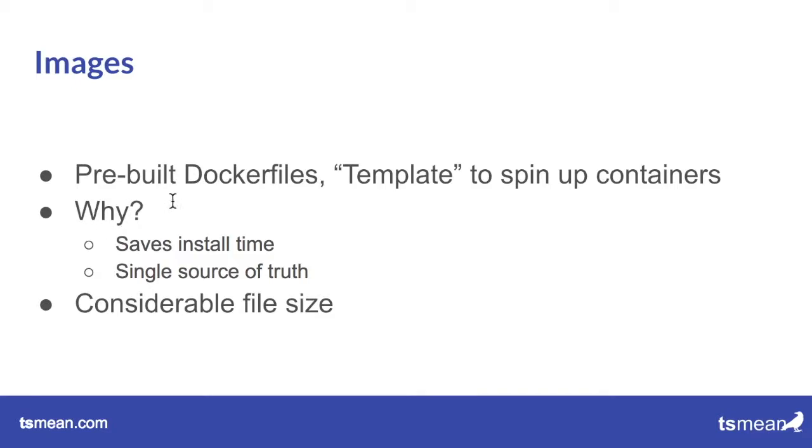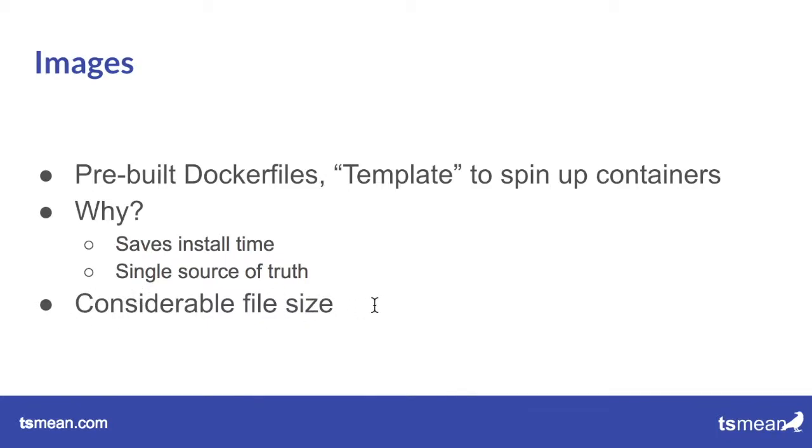And so again, the why: having prepared images and not having to install everything from scratch saves a lot of time. And also, if you have such a pre-built image, you could upload it to Docker Hub or some other source where images reside, and other people can just download it, and they don't need to know anything about your Dockerfile or anything, and they can spin up containers from this image.